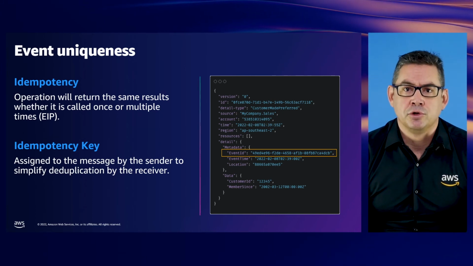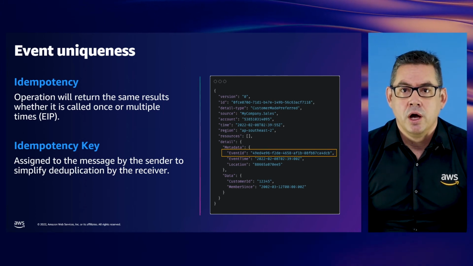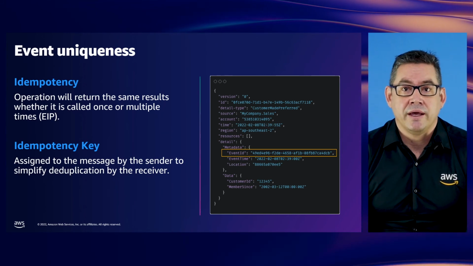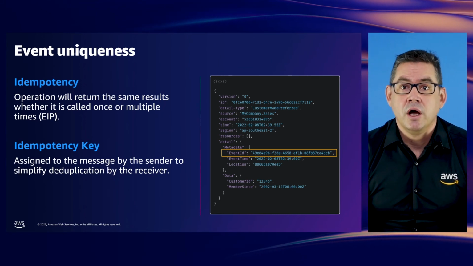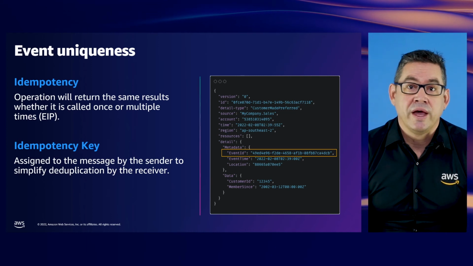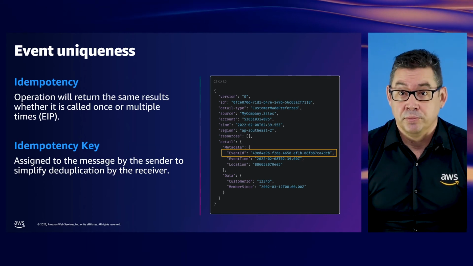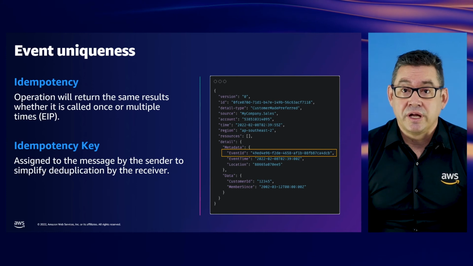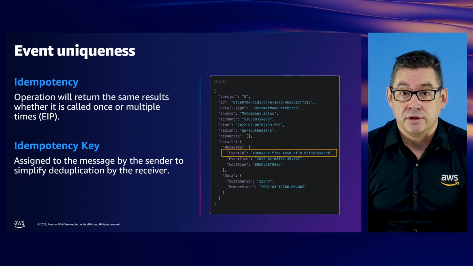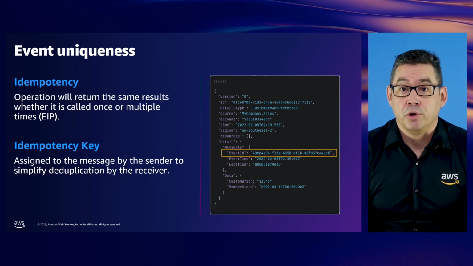Therefore, we should build consumers with idempotency in mind. Idempotency means that the consumer can receive the same event twice, but will have the same outcome without any side effects as a result of duplicate processing. And there are a couple of strategies for achieving idempotency. One popular way is to define an idempotency key.